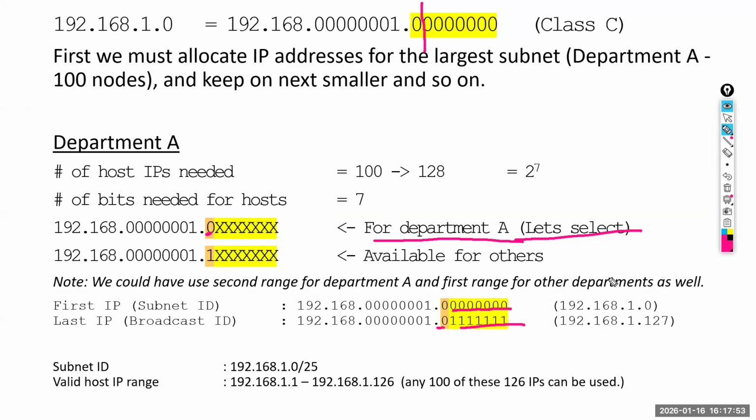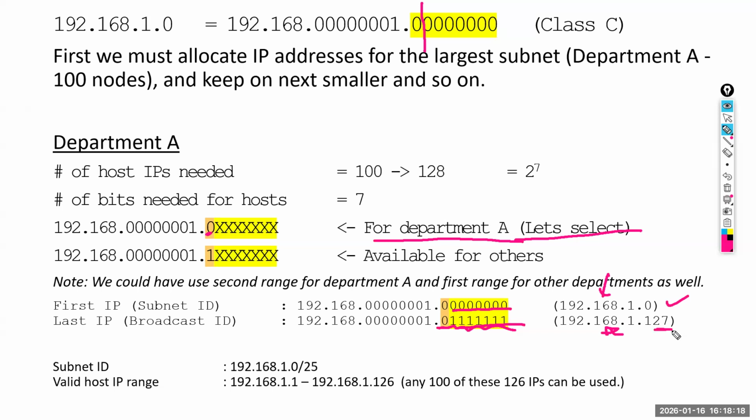And this will be the subnet ID. This will be the broadcast ID for department A. Right? Department A. So that is 192.168.1.0. Anyway, you don't need to convert this into binary. And this is 192.168.1, and when you convert this into base 10, you get 127.